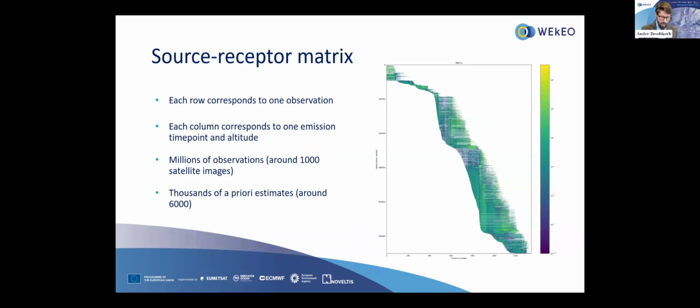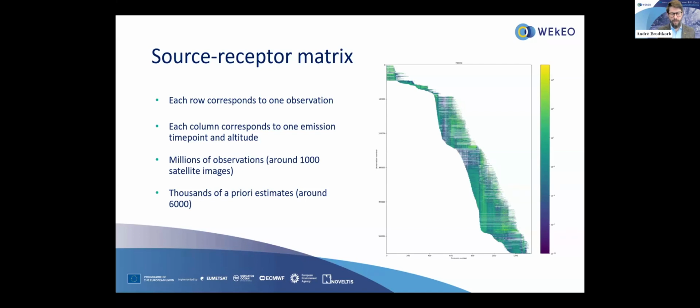Now, I started by saying that we had these inputs, the unit simulations of the potential volcanic eruptions, and then we had the satellite images, which give us the observations. We gather these into a so-called source receptor matrix, which tries to correlate them to say that if this eruption looks a lot like what we observe, we give it a higher weight.